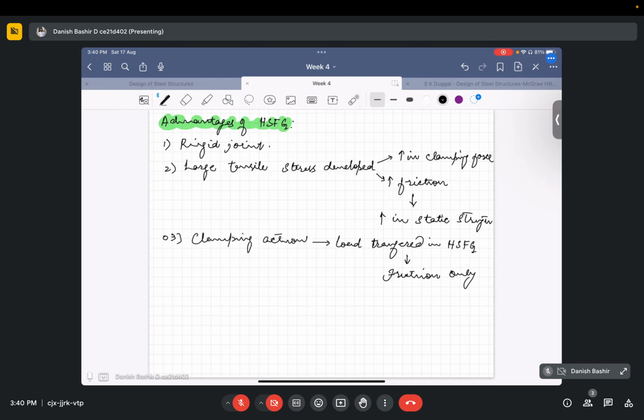Because of this, bolts are not subjected to shear or bearing. That's one more advantage.